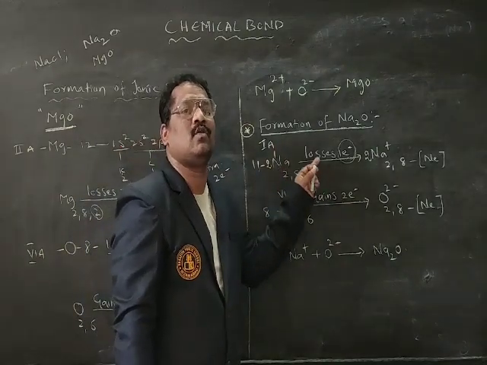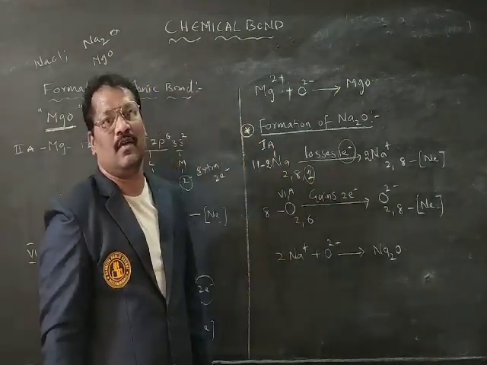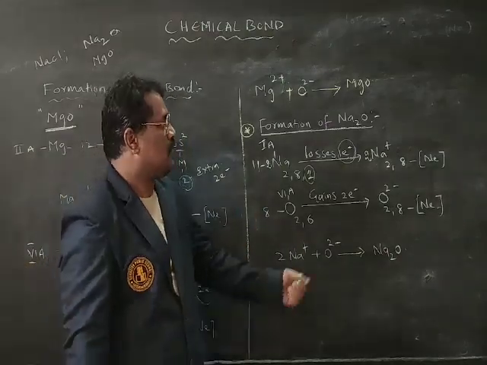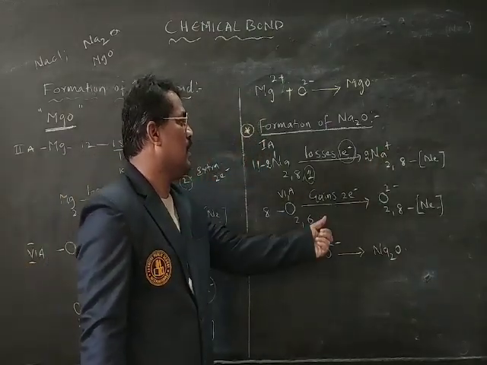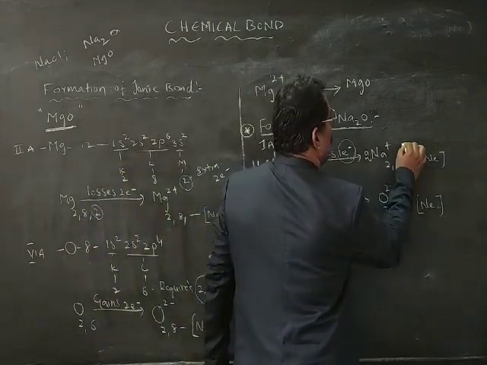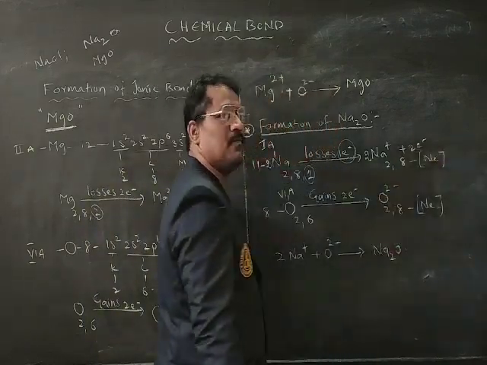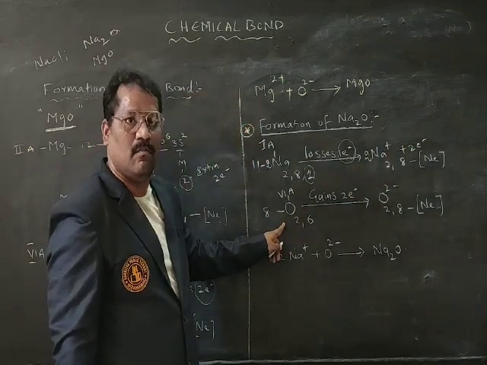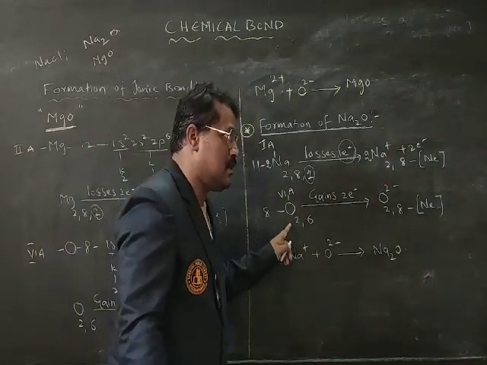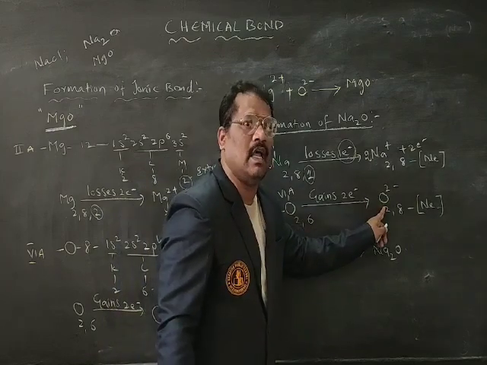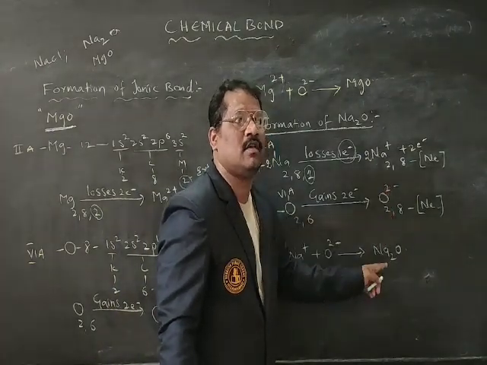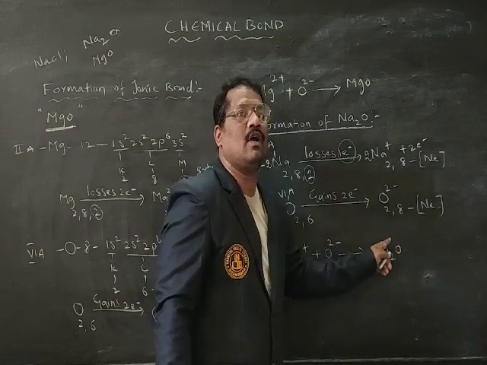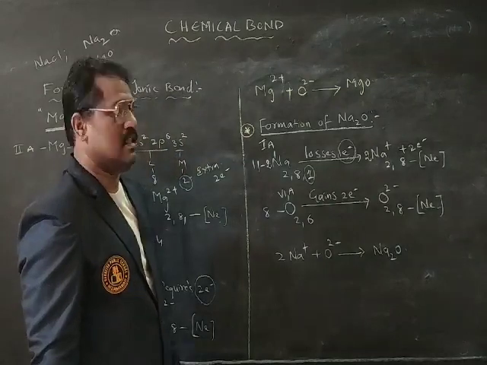Those 2 electrons will be taken by this oxygen atom to form oxygen ion called oxygen 2 minus, whose electronic configuration is equal to neon having 2, 8 electrons.